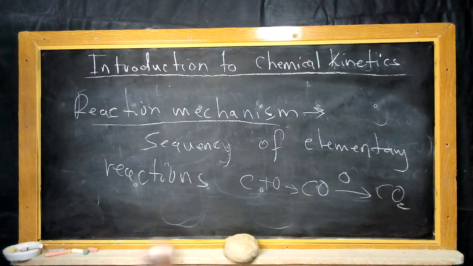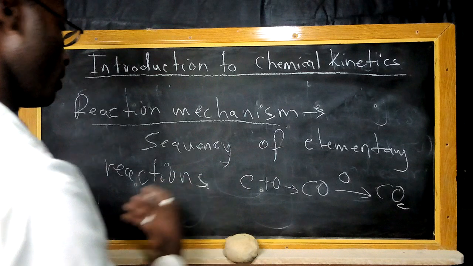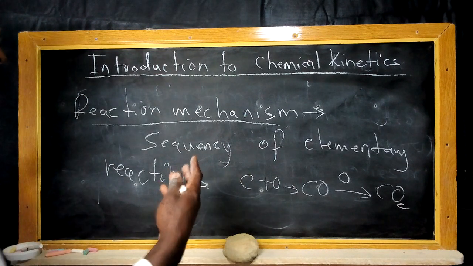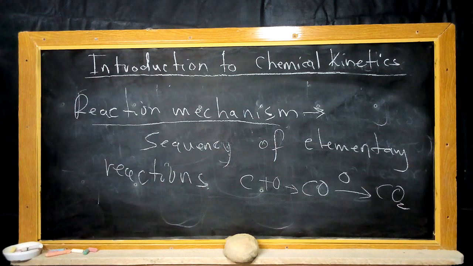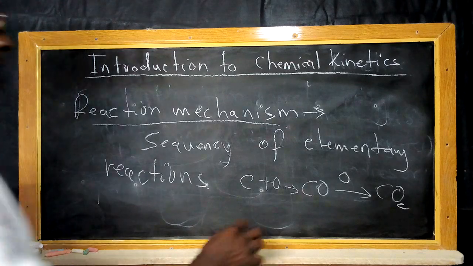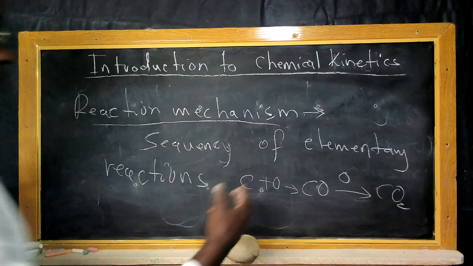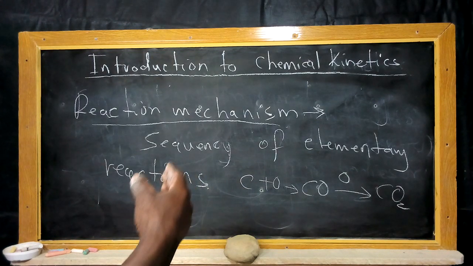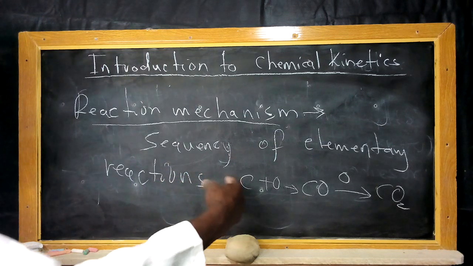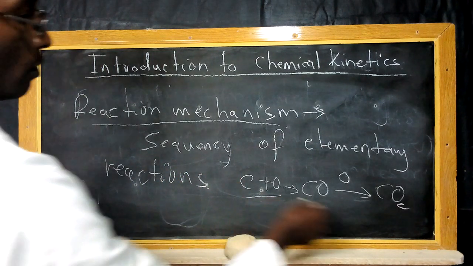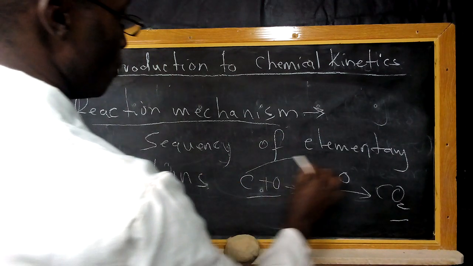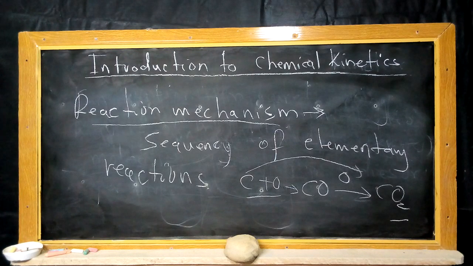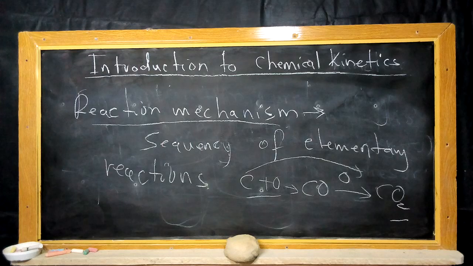So this sequence of steps is what we call the elementary reactions, which are in between the first steps from the reactants to the final product. So the way of describing these steps from the initial reactants to the final products in between here, that sequence of steps, is referred to as reaction mechanisms.